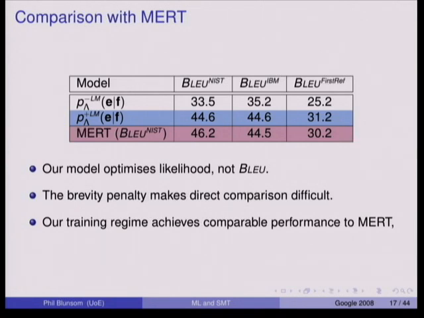The NIST brevity penalty takes the shortest reference in the set of references. Because we have 16 references and they were paraphrased, we basically get an even distribution over short and long. So the short is quite short, and that model is producing very short output. When we look at the IBM metric, which takes the closest, we see that there's a closer relationship between the results.